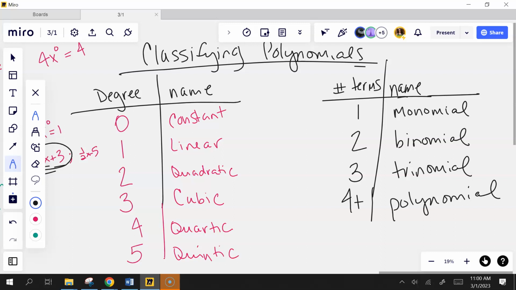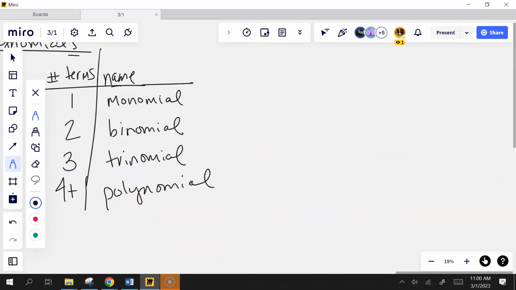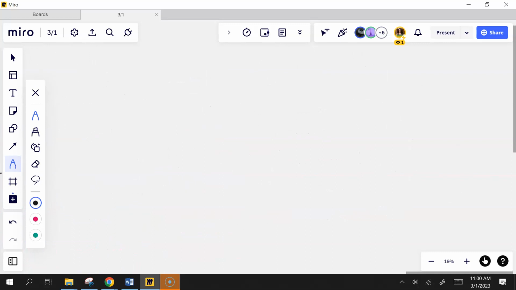All right, let me give you a couple before we get into adding and subtracting. Yeah, that's all we'll do today. Maybe multiply. I had multiply. Dude, did I have multiply and divide? No, it's Wednesday.